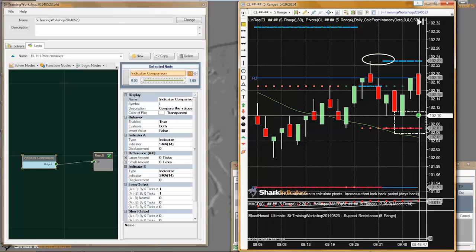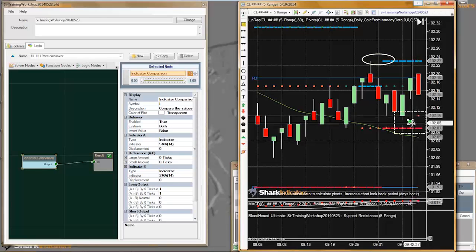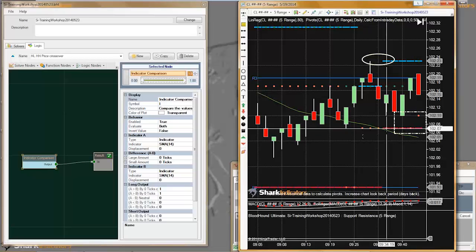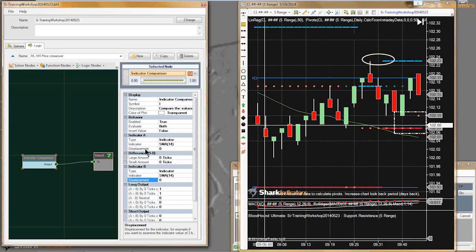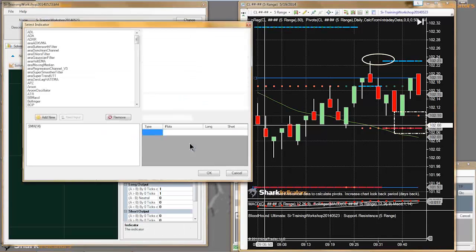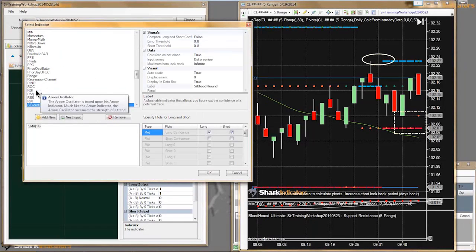So I'm going to be comparing this current dot from the swing indicator to the dot one bar back. That's how I can tell when there's a jump in the dots, when the dots had moved price. So that's what I'm going to do here, and the way I can do that is I can use the displacement function here. But the first step I need to do is set up my indicators.